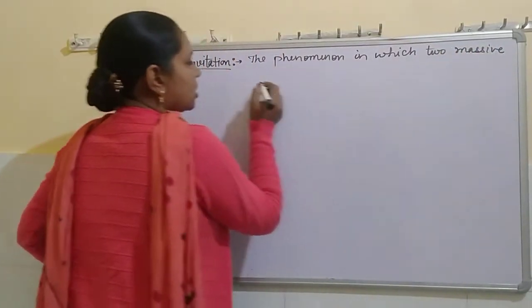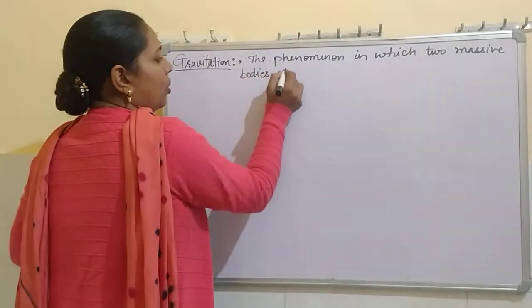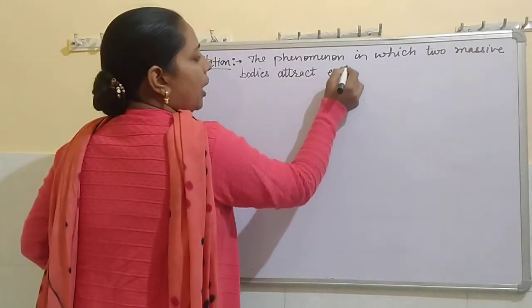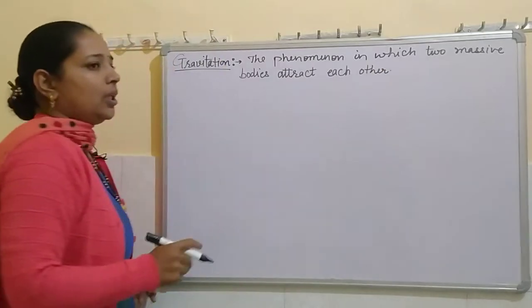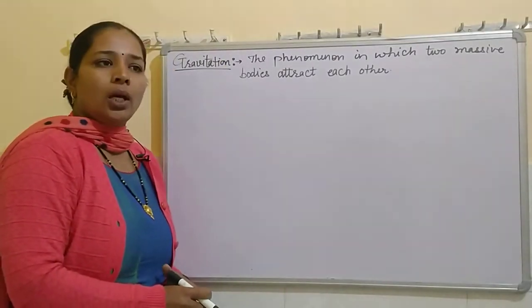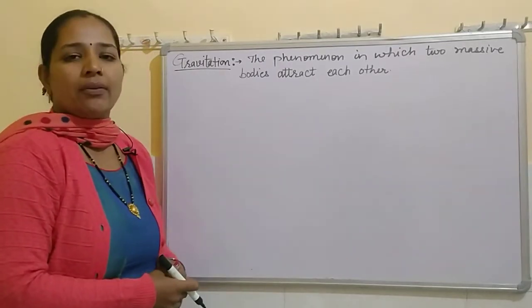Massive body means ऐसी बॉडी जिसका मास होता है और ये दो बॉडीज हमेशा आपस में एक दूसरे को अट्रैक्ट करती हैं. That is gravitation. There exists an attractive force between two bodies of different masses. That is known as gravitation.